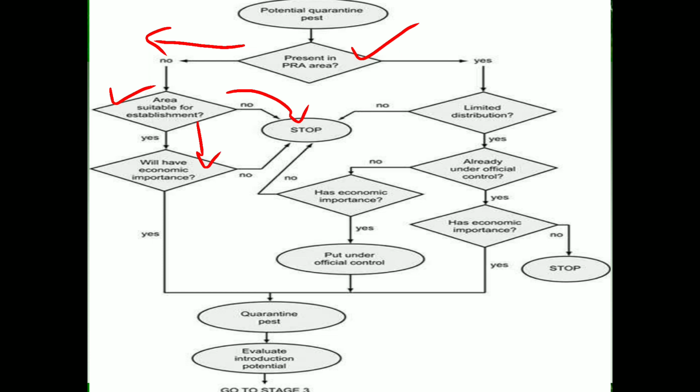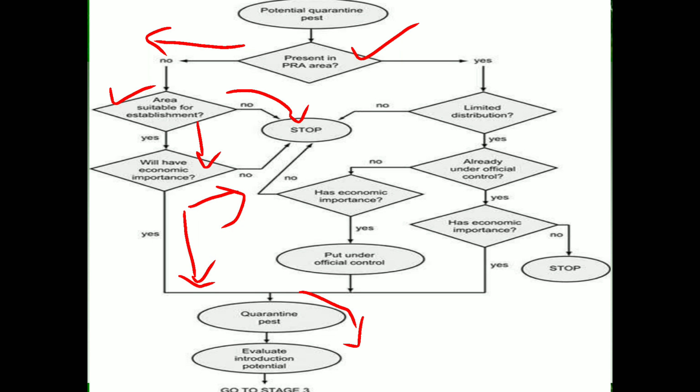If after the introduction of that pest it does not cause any economic loss, then we stop the further process. If that pest causes economic loss, then we consider it a quarantine pest, and we evaluate the introduction potential of that particular pest.